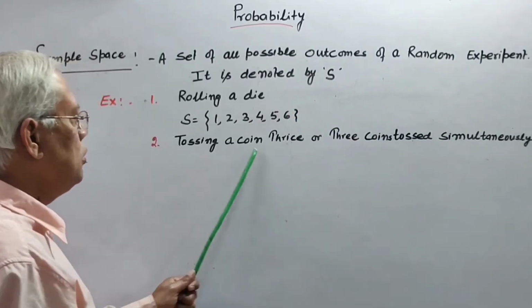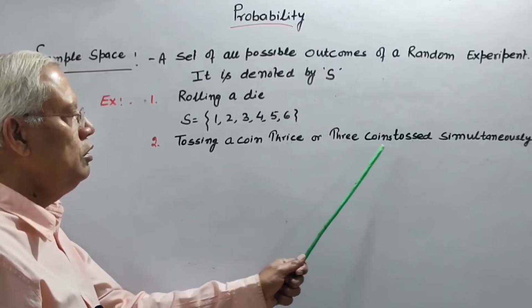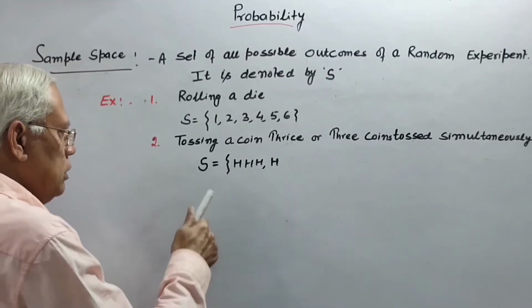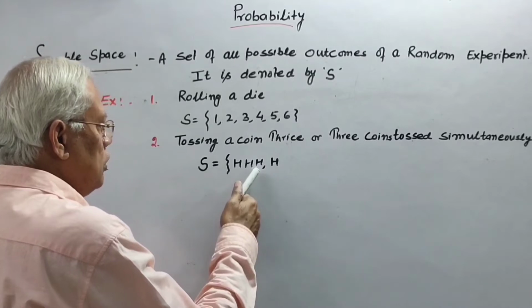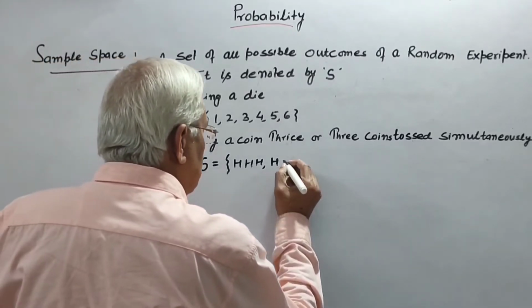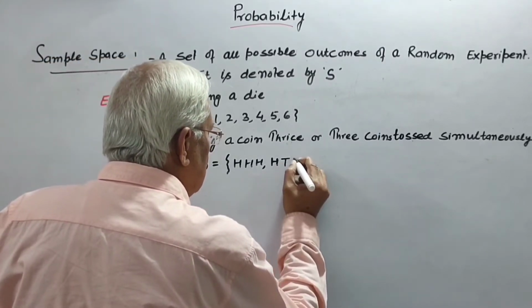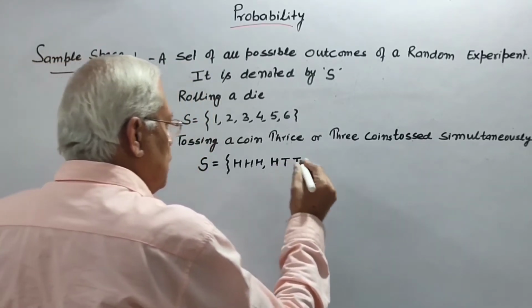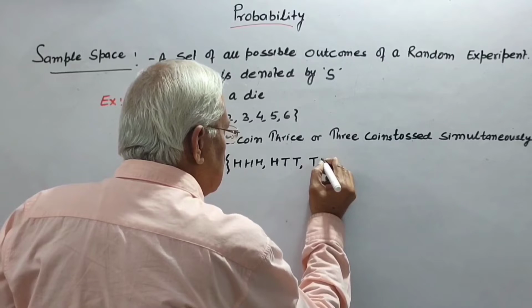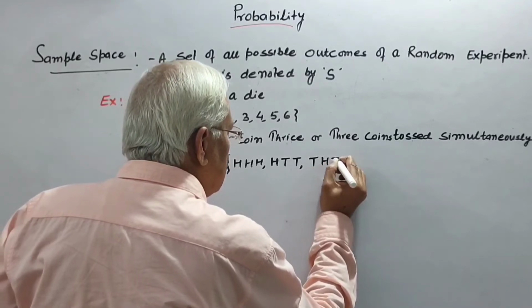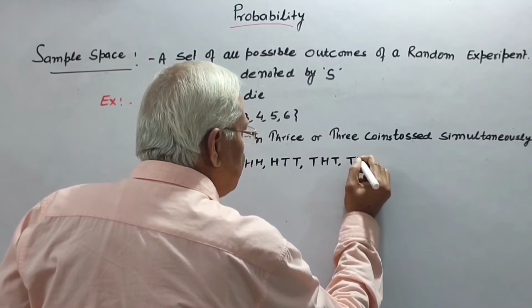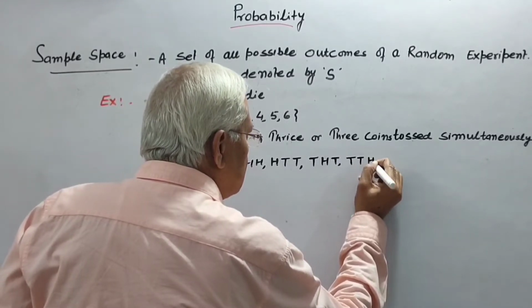Experiment number 2. Tossing a coin thrice or 3 coins tossed simultaneously. Sample space S is equal to all 3 heads, 1 head and 2 tail. So head at first place, in second head in the middle, and third head in the last.